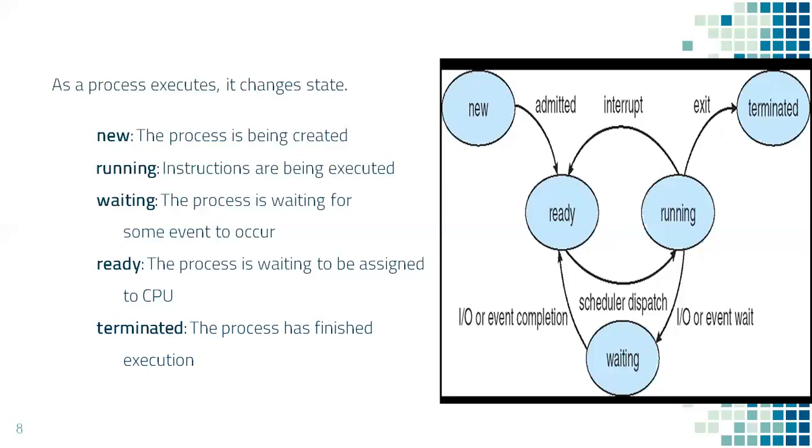When the process is in running state, the CPU would be executing its arithmetic and logic instructions. In a program, there are not only arithmetic and logic operations or instructions. Along with these instructions, there will be input and output instructions as well.